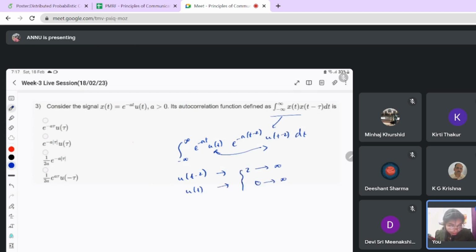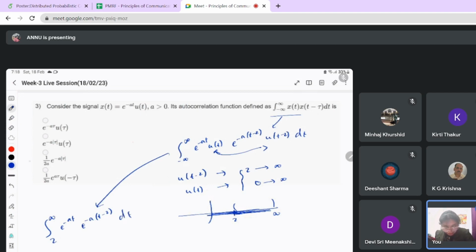So you will find the intersection of 0 to infinity and tau to infinity. So the final limit will be tau to infinity. So directly you can put here tau to infinity, e power minus at, e power minus a(t minus tau) dt. If I solve, you will definitely get C.